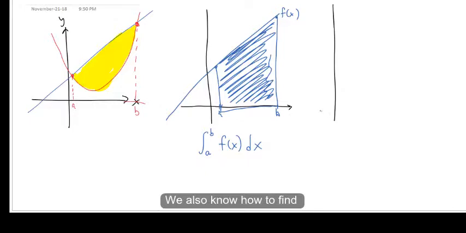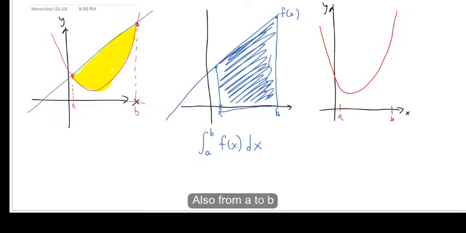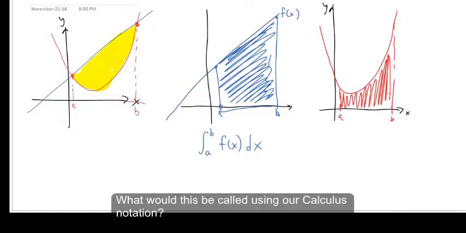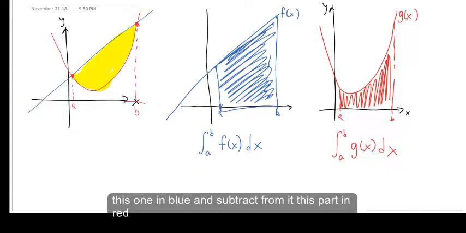We also know how to find the area of this particular function, also from A to B. What would this be called using our calculus notation? Well, if I call this function g of x, that's what you have. And so ultimately, what happens if I take this one in blue and subtract the part in red?